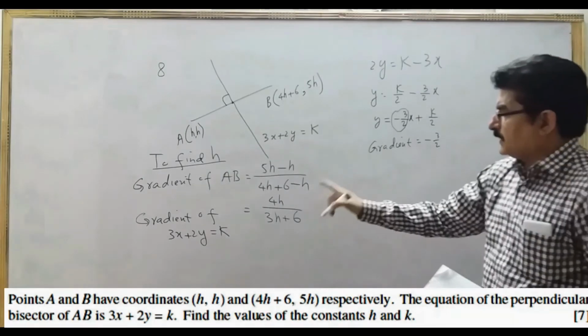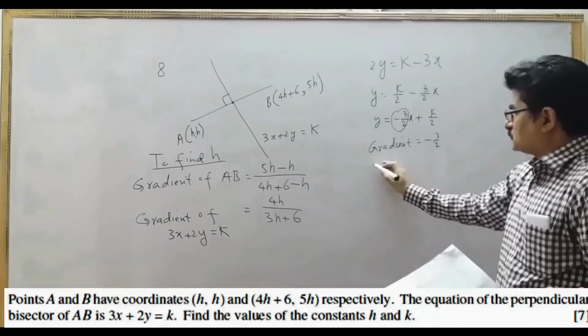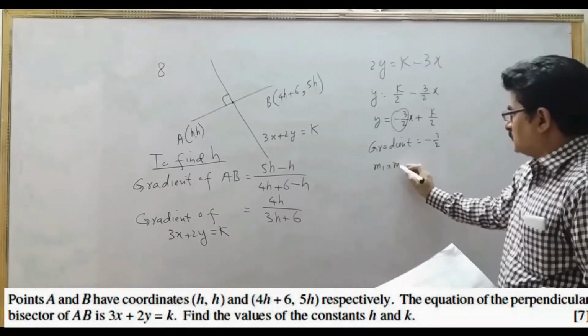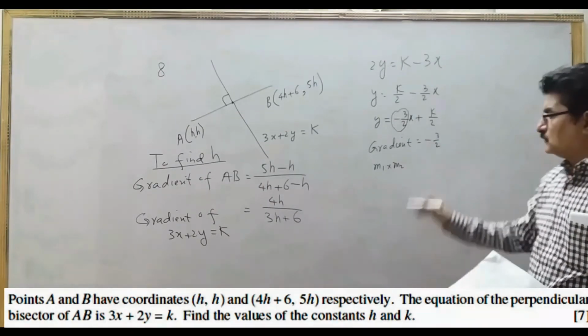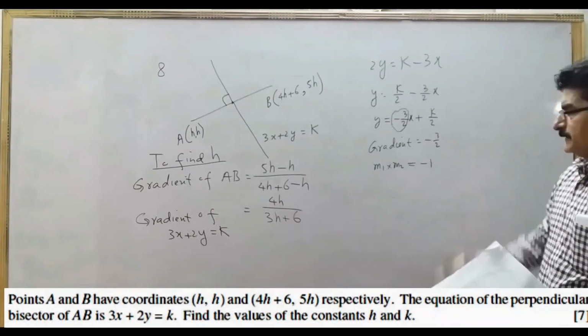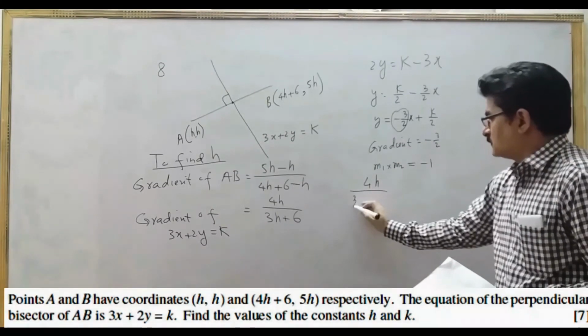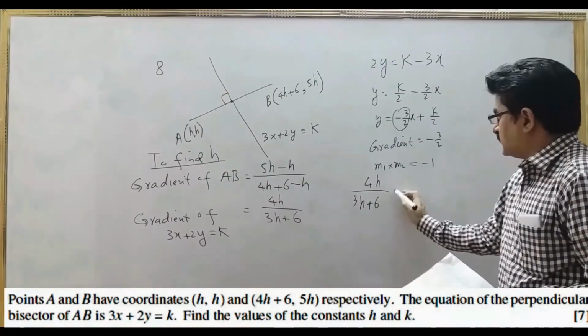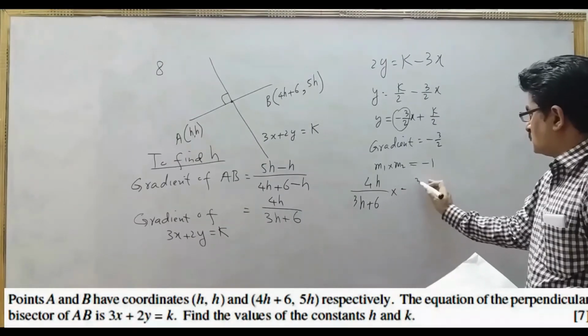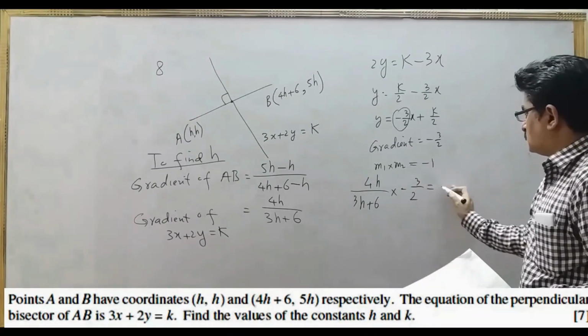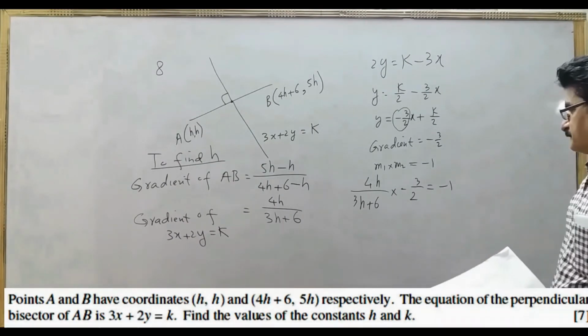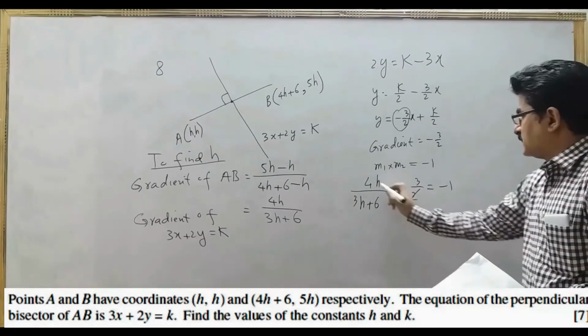Now as these two lines are perpendicular, we use the formula m1 into m2 equal to minus 1. So h over 3h plus 6 into minus 3 over 2 equal to minus 1. You can cancel this by this.